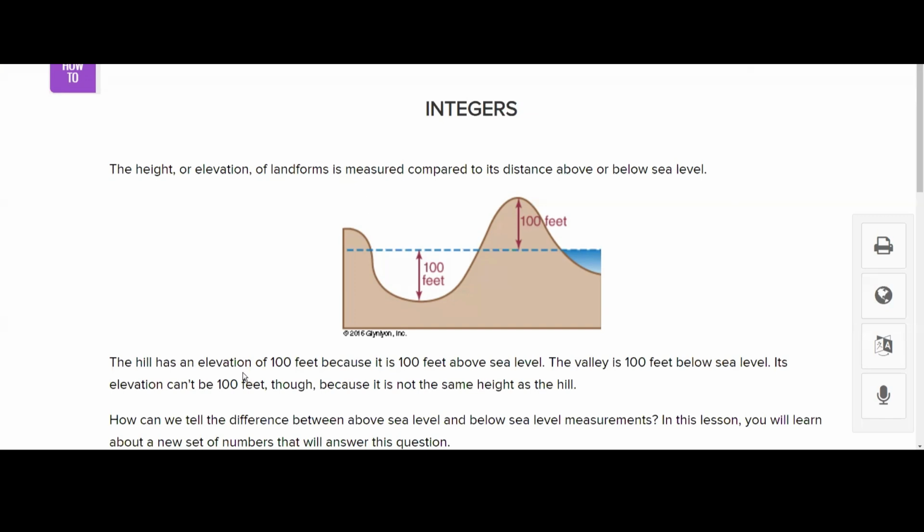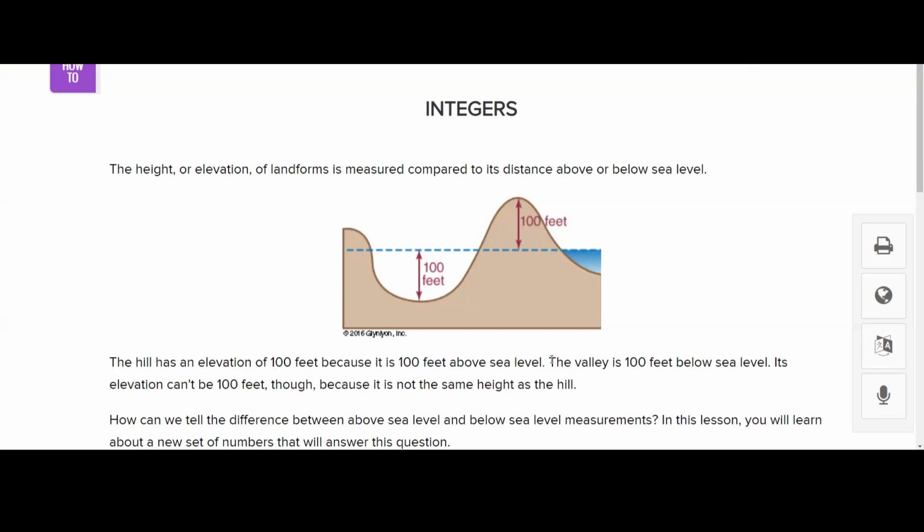So the hill has an elevation of 100 feet because it is 100 feet above sea level.